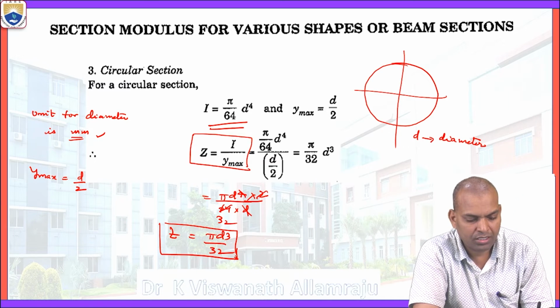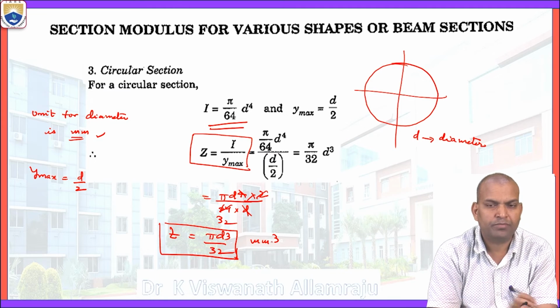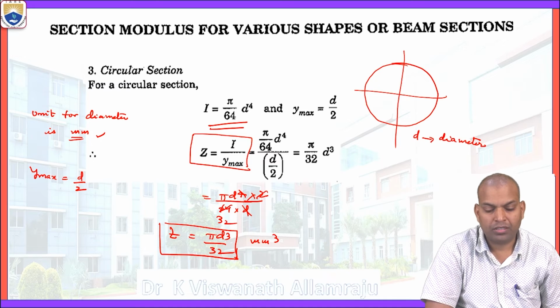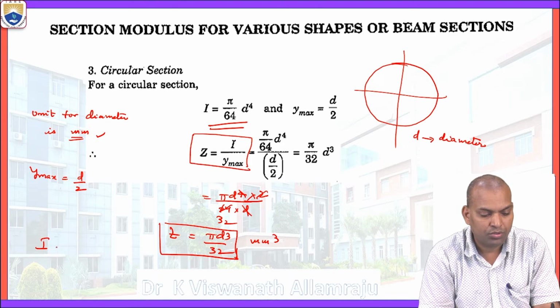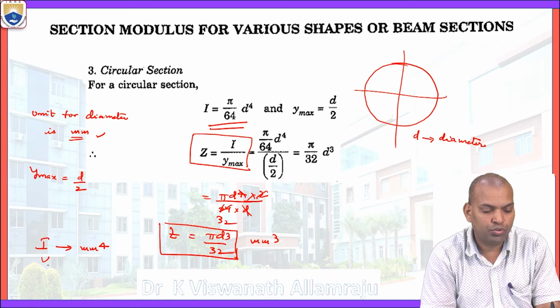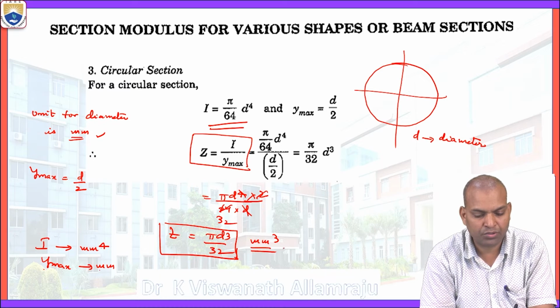What is the unit here? Section modulus is cubic millimeter, whereas unit for area moment of inertia I is millimeter power 4. Unit for Y maximum is millimeters. So I by Y max, millimeter power 4 by millimeter, that is millimeter cube.